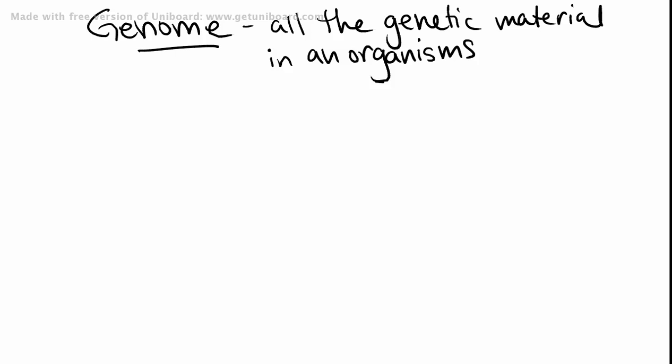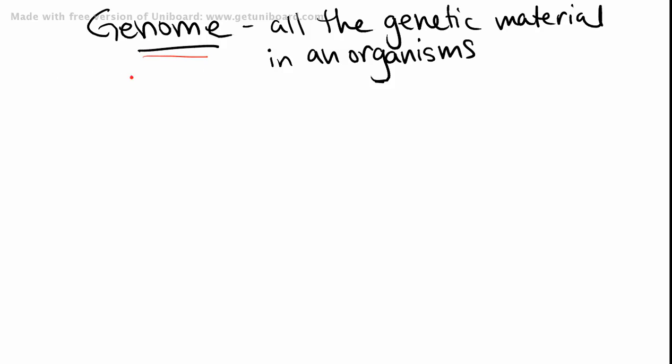You could have a humongous genome and just a few genes. Okay? Or you can have a tiny genome and have lots of genes in there that take up the whole thing. Okay, so genome is all the genetic material in an organism.